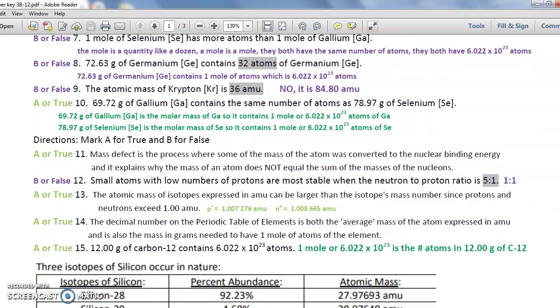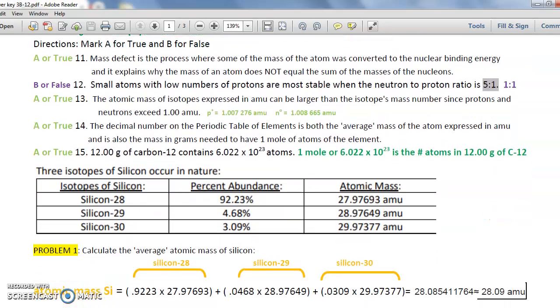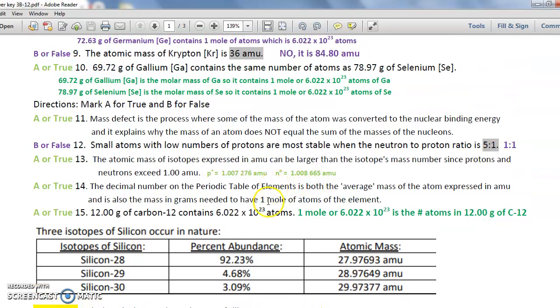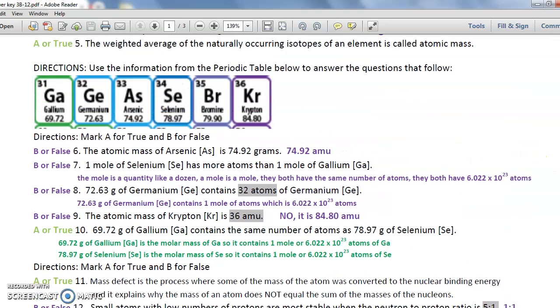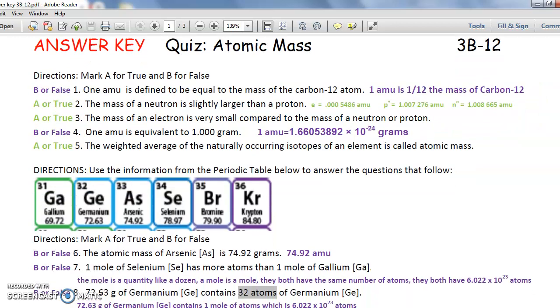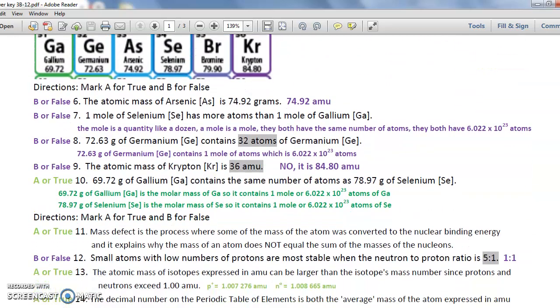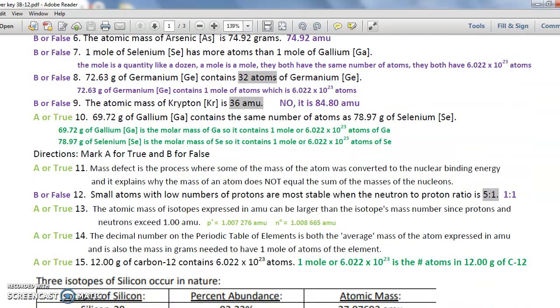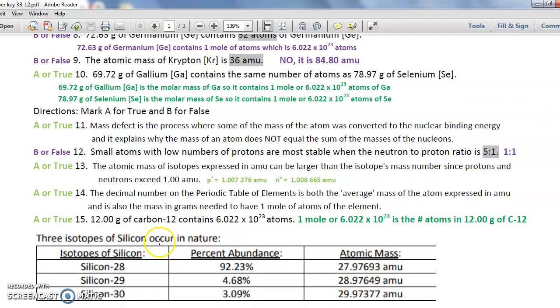Why is it that that number has a dual meaning? It is because they were both based on carbon-12. AMUs are based on being 1/12 the mass of carbon-12. Molar mass, the mass of 1 mole, is also based on carbon-12.